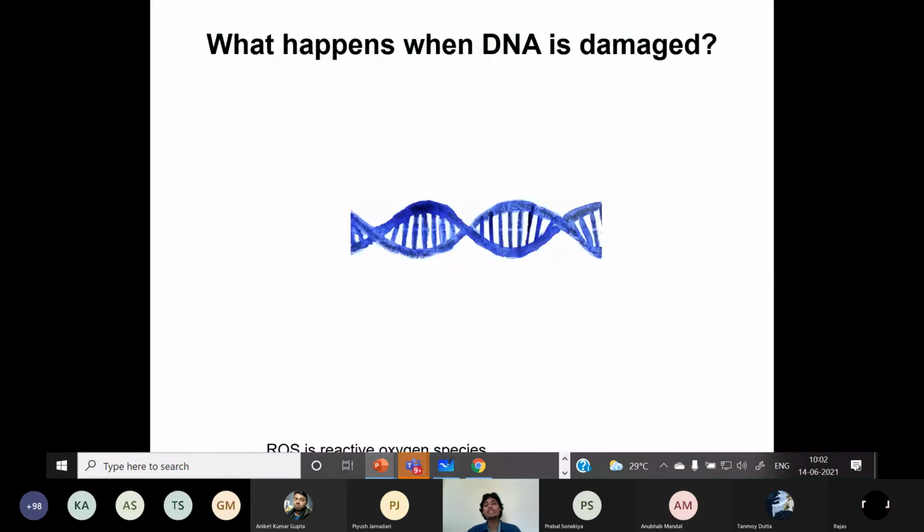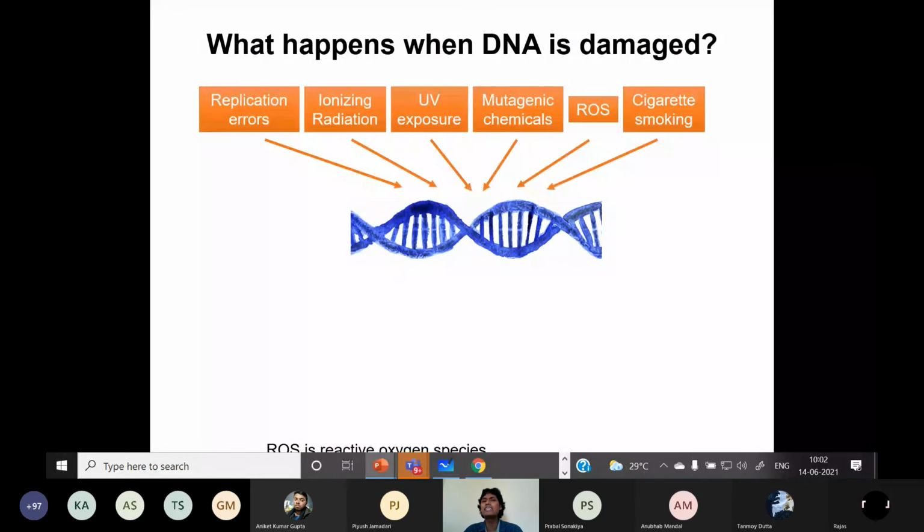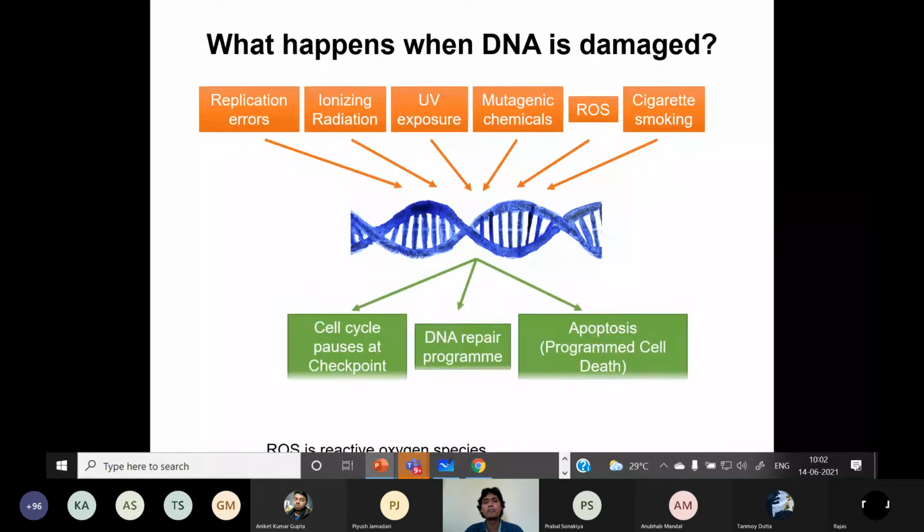So now, what happens when DNA gets damaged? There are many things that can create problems in DNA, but the cell cycle pauses at a checkpoint, so the cell will not divide. As a result, whatever misinformation or wrong thing there is will not be propagated again, because the cell is not dividing. That is good.